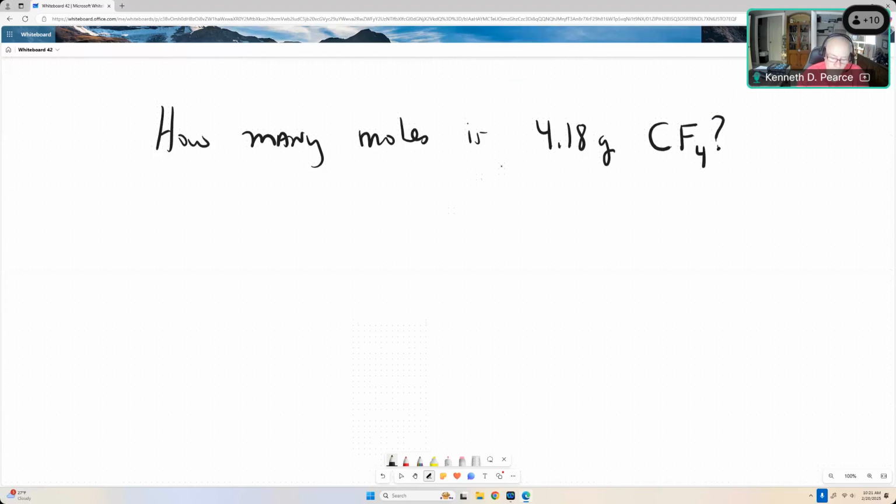So, the first step is you see grams, right? So I'm going to need the molar mass. That's 12.0 plus 4 times 19.0 for the fluorines. And that gives me 88.0 grams CF4 for every mole CF4.